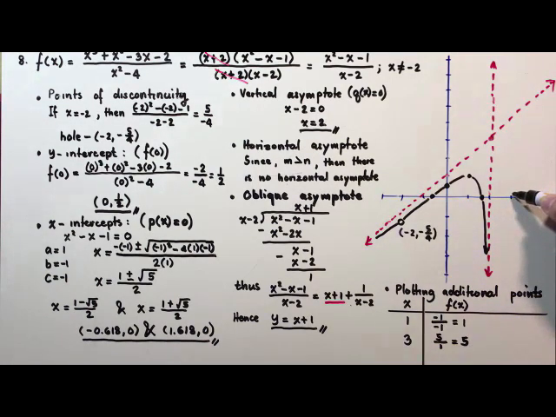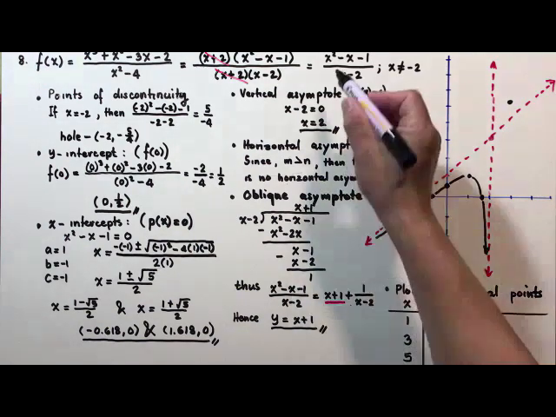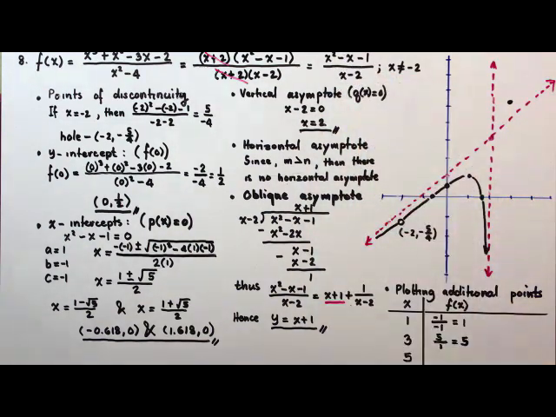So here when x is 3, it's 5. So 1, 2, 3, 4, and 5. So it's here. And maybe you can have some additional points, say 5. So when x is 5, that is 5 squared minus 5, and 5 squared is 25, minus 5 is 20, minus 1 is 19.